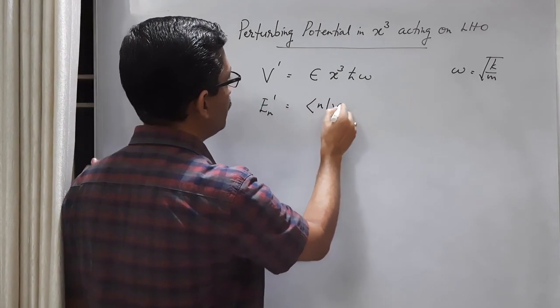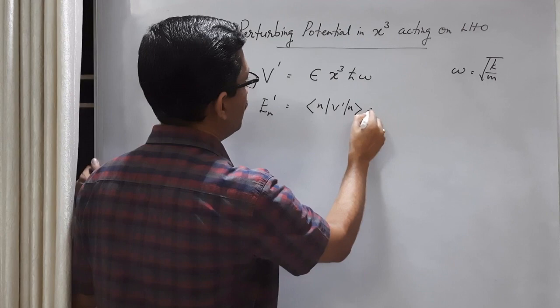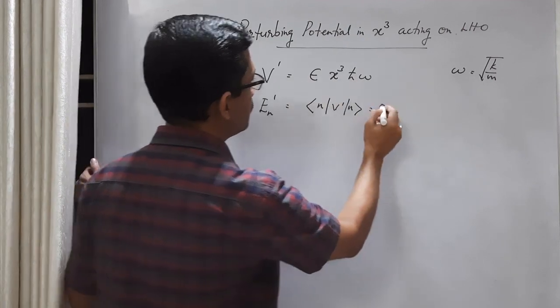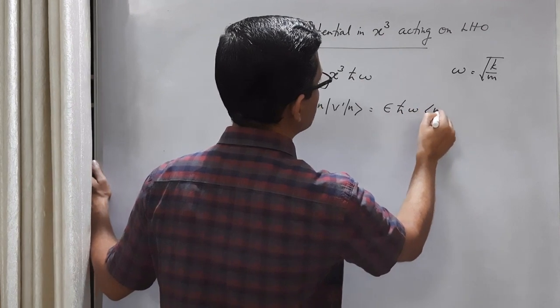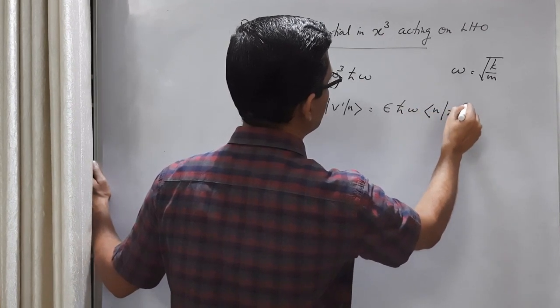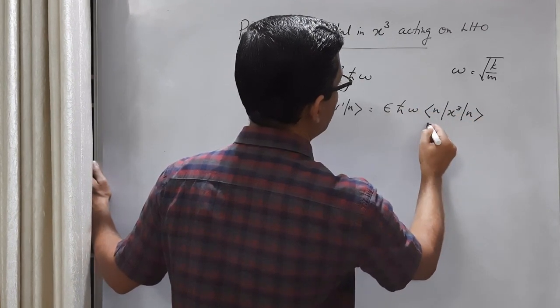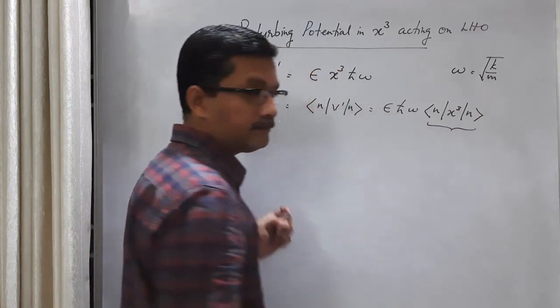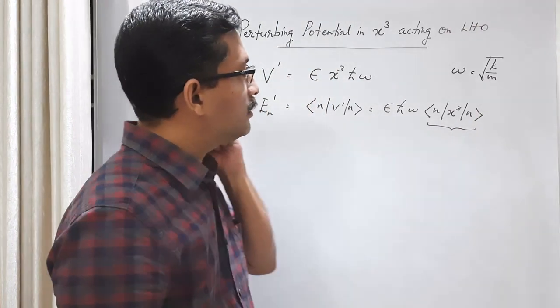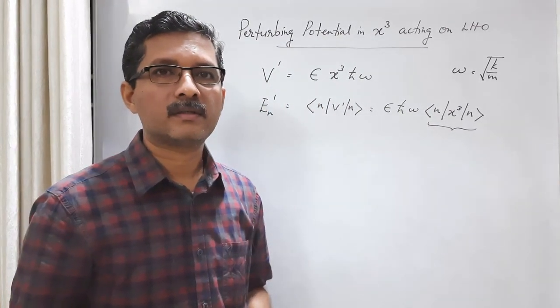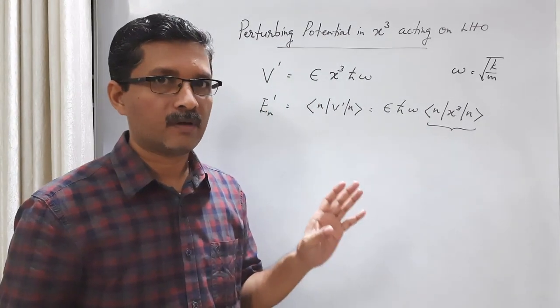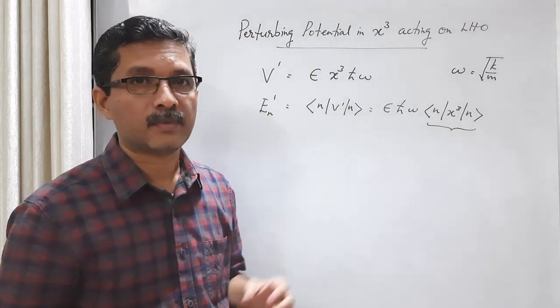It is the matrix element n, H prime, n. If you substitute and take the constant terms outside, epsilon and h cross omega are constants, so it is the matrix element n, x cube, n. Now this point I have discussed when I discussed the x potential, perturbing potential of x type.